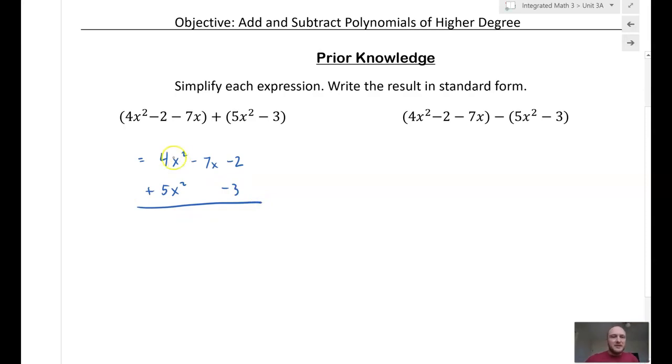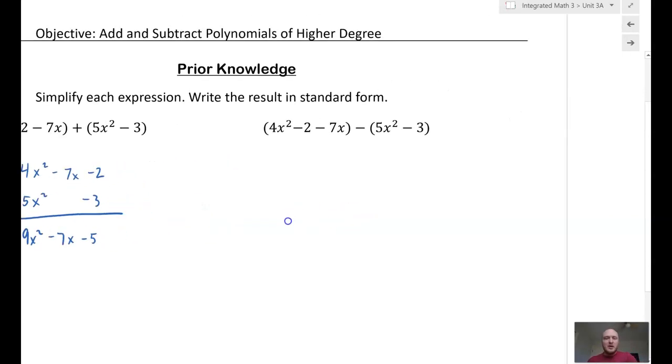My x's both have a power of 2, so they are like terms: same power, same variable. So 4x squared plus 5x squared is 9x squared. I don't have any x's in my second polynomial, and minus 2 plus negative 3 is negative 5.